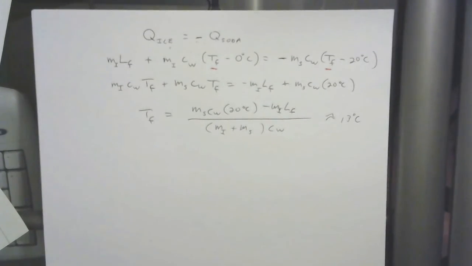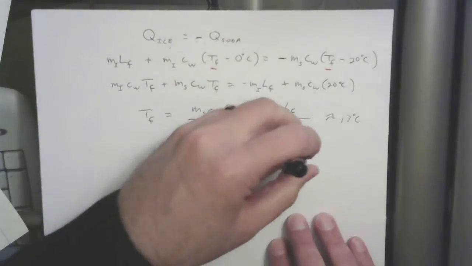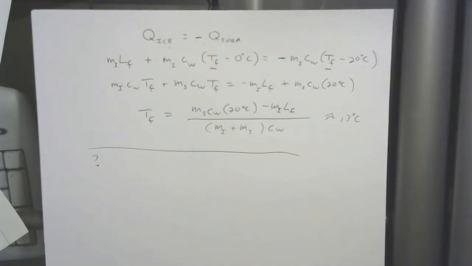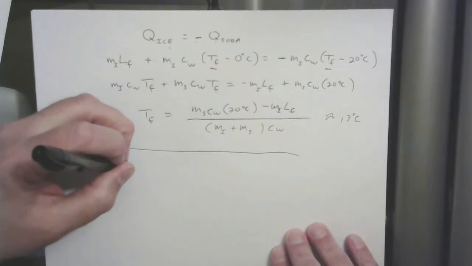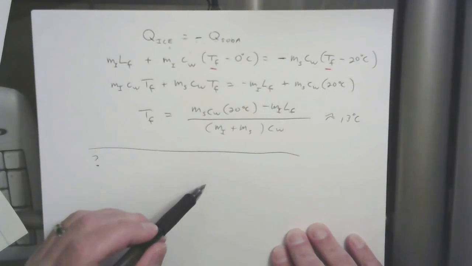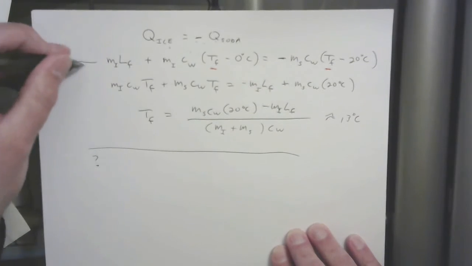Oh, but what if, right? Oh, really? Is that really the answer? Well, it's kind of sneaky because the problem statement kind of implied that we're going to end up in the liquid phase for that ice. Well, what if you had more ice? So if you don't know that it's going to end up liquid, then you can't set up this equation at the top.